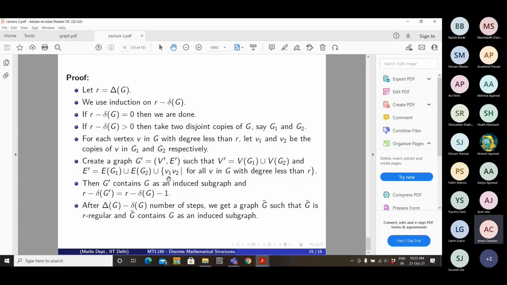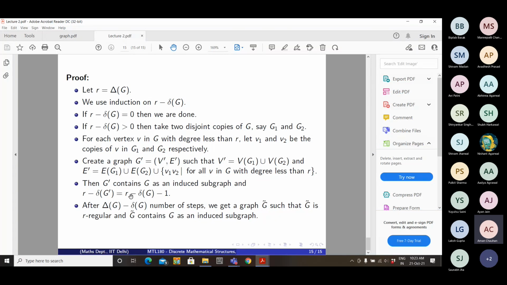Because it is adjacent to the copy of the same vertex which was in G. So this difference R minus δ(G') is decreased by 1, it is now R minus δ(G) minus 1. Now if this is 0, then we are done. This G' will be an R regular graph.